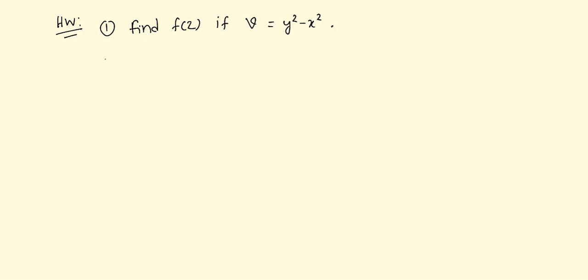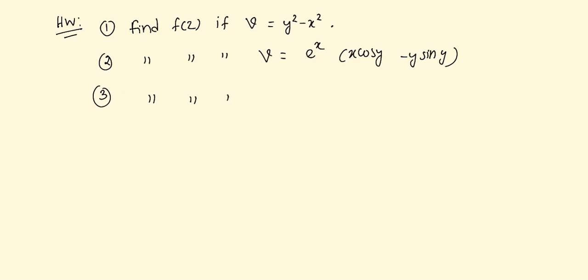Next, find f of z if v equal to e to the power x into x cos y minus y sin y. Find f of z if u equal to e to the power minus 2xy into sin of x square minus y square.